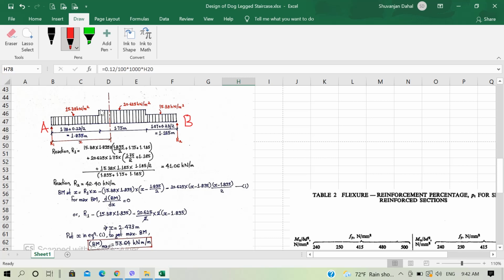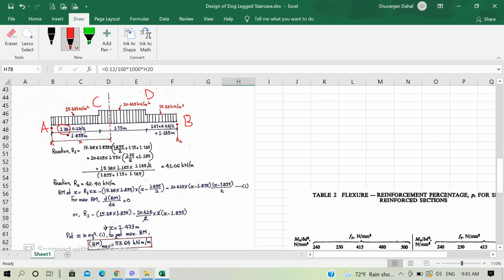Let's see here, first the distance from A to, let's call this now C and D. AC represents the length of our first landing slab, and this length will be the clear length of that landing slab, which was 1.78 meter plus half the thickness of beam on which this landing slab is supported.